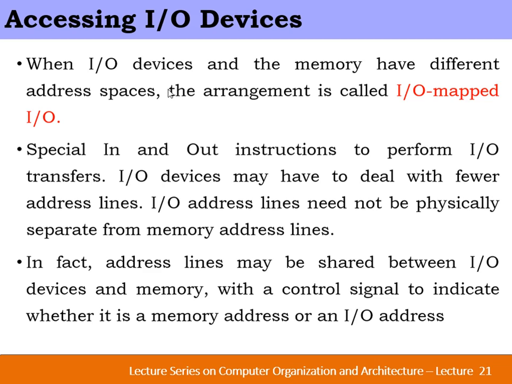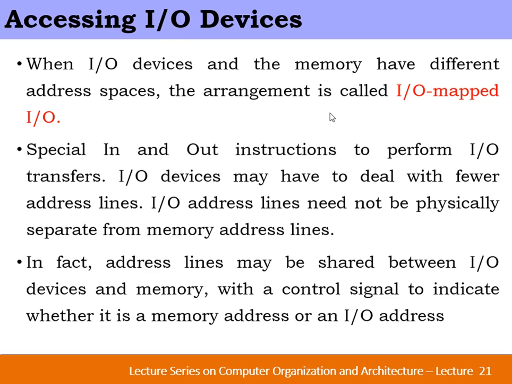In IO mapped IO, if an IO device needs to be accessed, then special instructions are used for transferring the data between the processor and the IO device. Those instructions are called in and out.